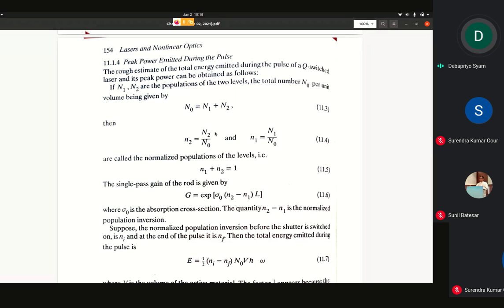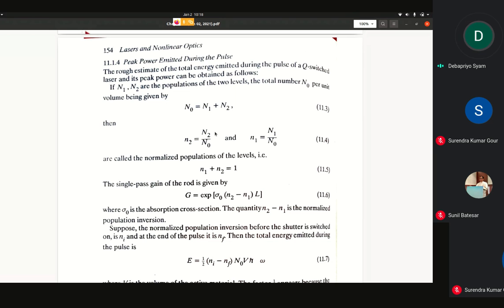It is half Ni minus Nf N0 V h-bar omega. h-bar omega is the energy of each photon. How many photons are delivered? It is equal to the number of transitions. How many transitions? In each transition, the population difference changes by half into, in each transition, the value of small n changes by 2 units.